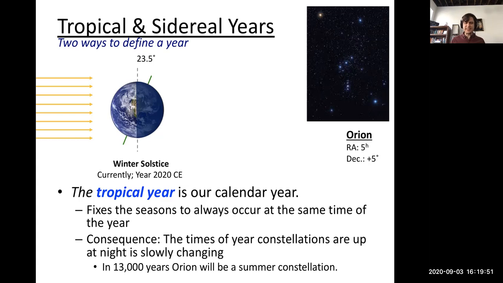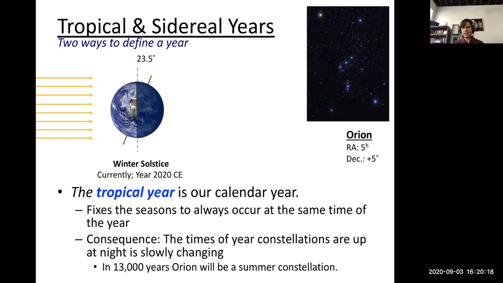It fixes the seasons to our calendar, because we're defining our calendar based on when the spring equinox occurs. That's great, because I would be really confused if we were talking about, say, what the Greeks were up to, and we were talking about the fact that summer now would have been like spring for them, and that just gets really, really confusing. But there is going to be a consequence.